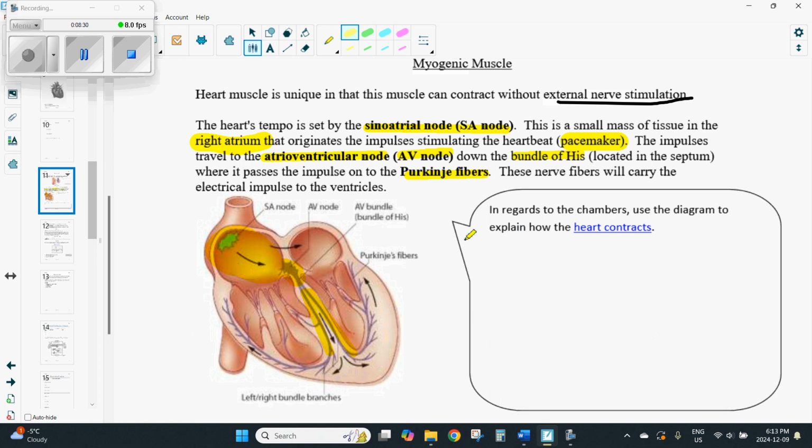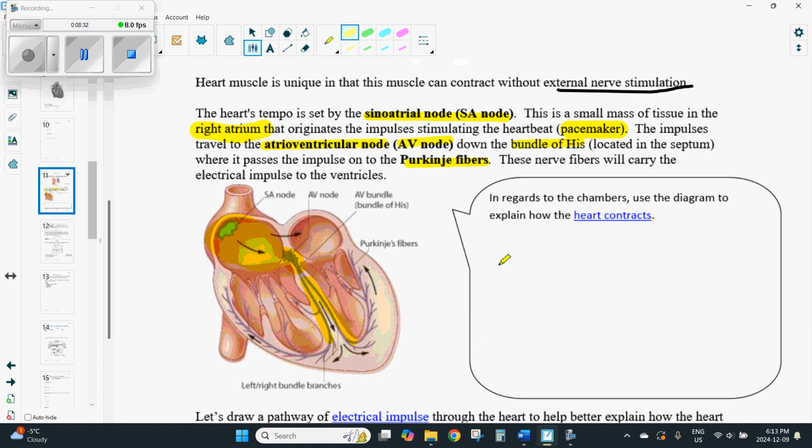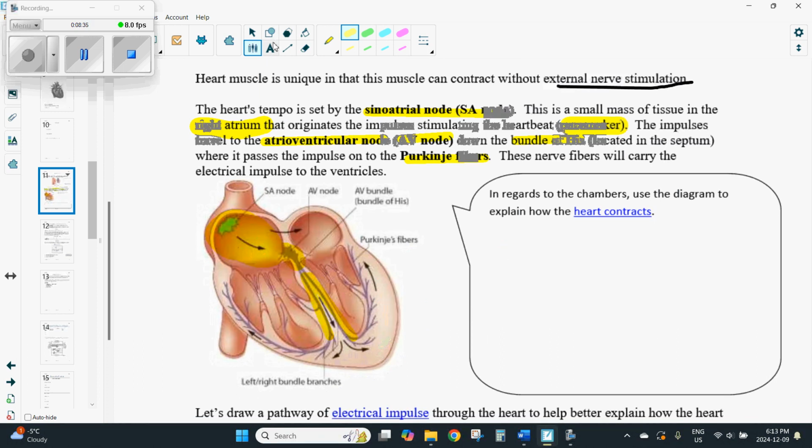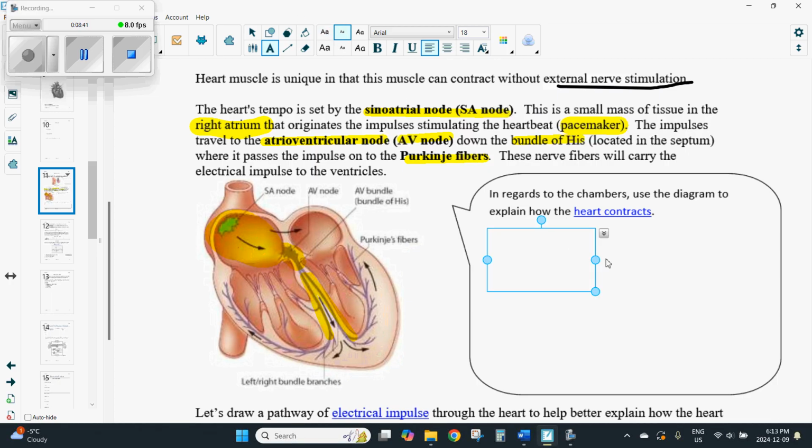So in regards to the chamber, use the diagram to explain how the heart contracts. I want to make this small enough so that we have enough room to write. The impulse is generated at the SA node.